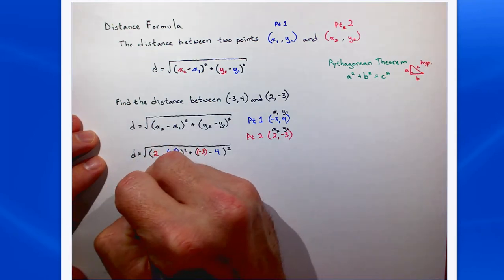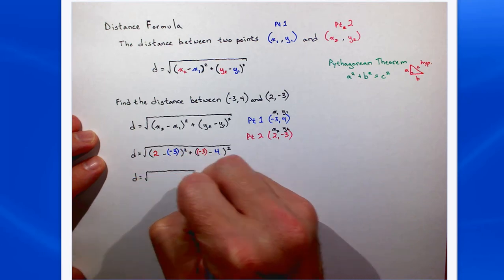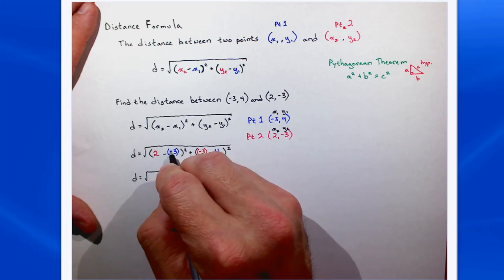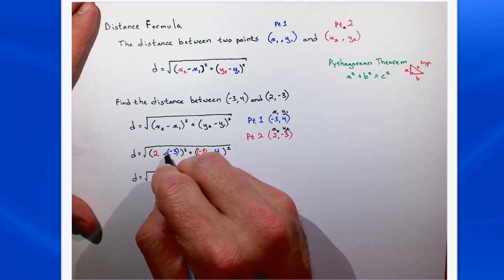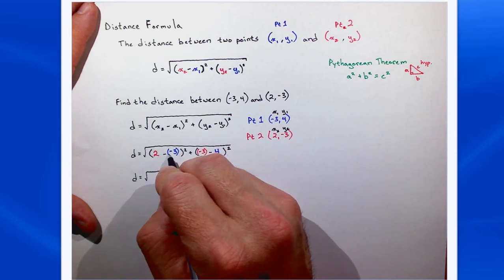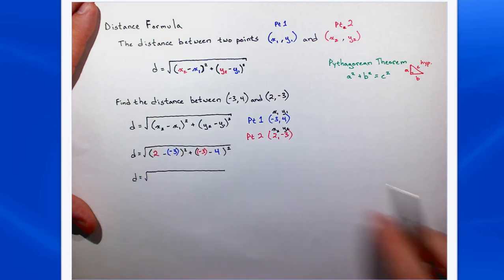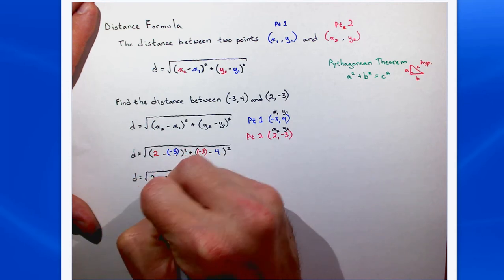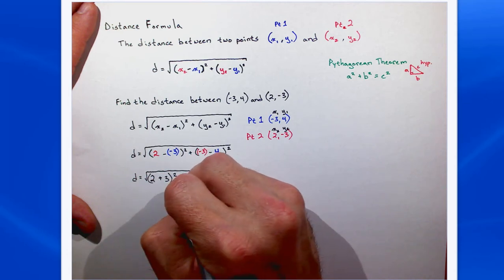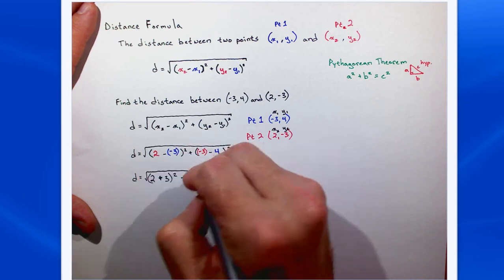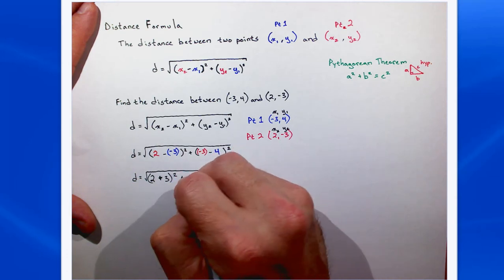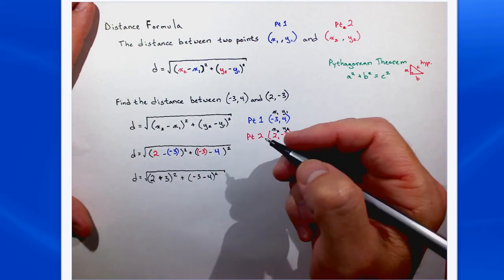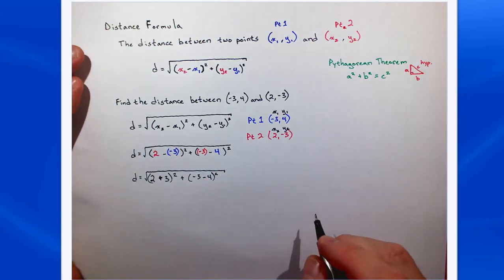Now let's simplify what we have under the radical, just dealing with our signs. A negative and a negative that are next to each other become a positive. I can view that as a -1 outside the parentheses, so a negative times a negative is a positive. So what I end up with is 2 plus 3 squared plus, and that's a -3 minus 4 squared.